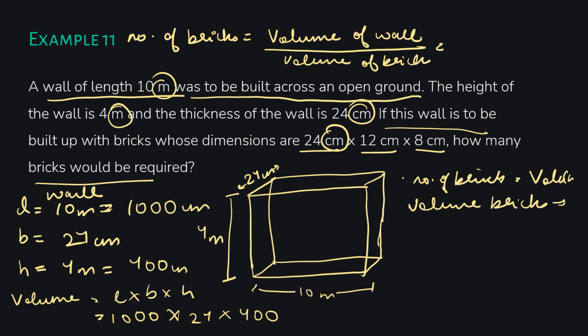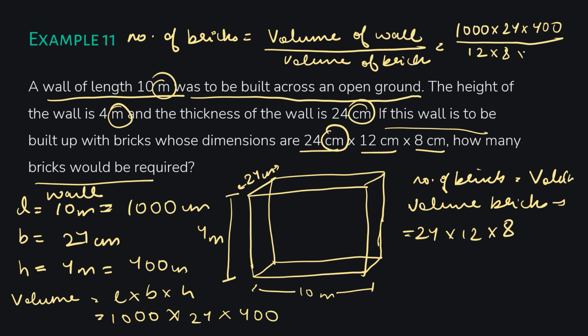Volume of bricks is, we are given its dimensions. It is 24 into 12 into 8. Now I'll also leave it like this. Now volume of wall is 1000 into 24 into 400, and volume of bricks is 12 into 8 into 24.